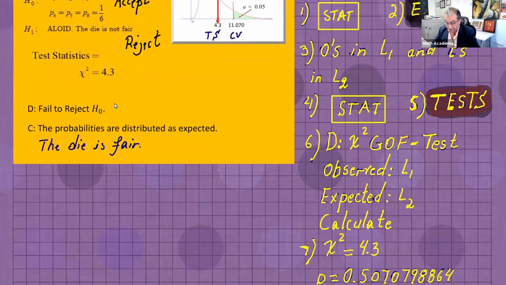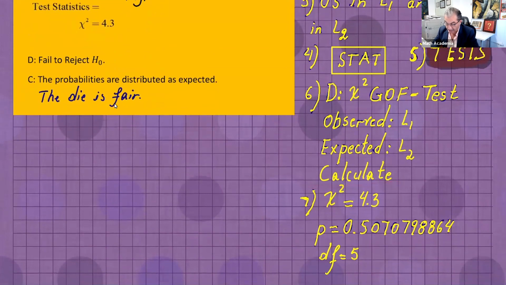What you're going to see on the screen are the observed values in L1, expected values in L2, and then you just push calculate, and you get chi-square is 4.3, which is the test statistic. So you don't need to do the hand calculation, although it's good to do it 2 or 3 times just to get used to it. And of course, the calculator is going to give you the p-value and the degrees of freedom.